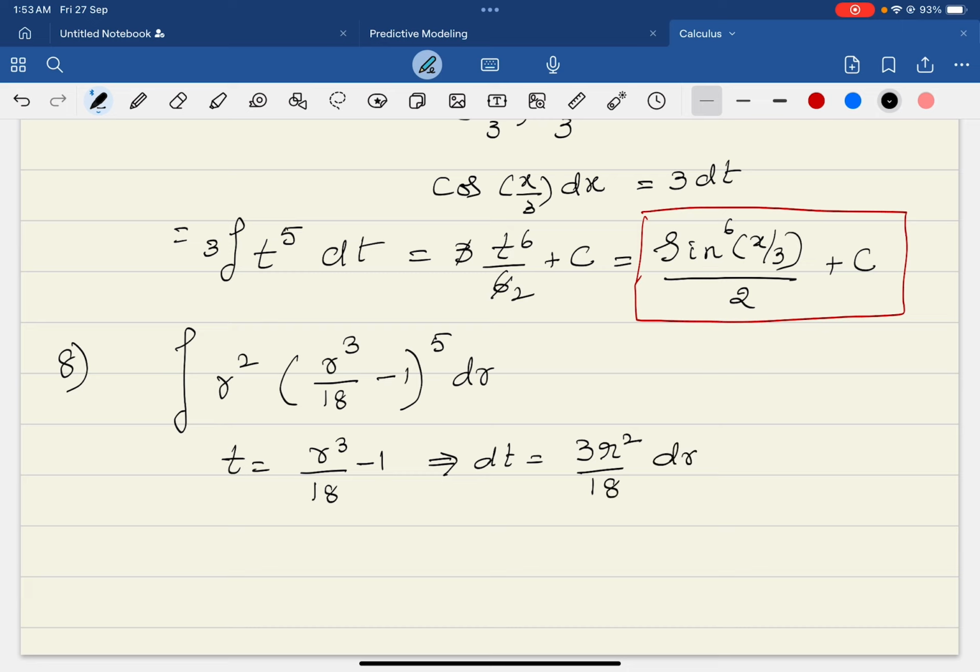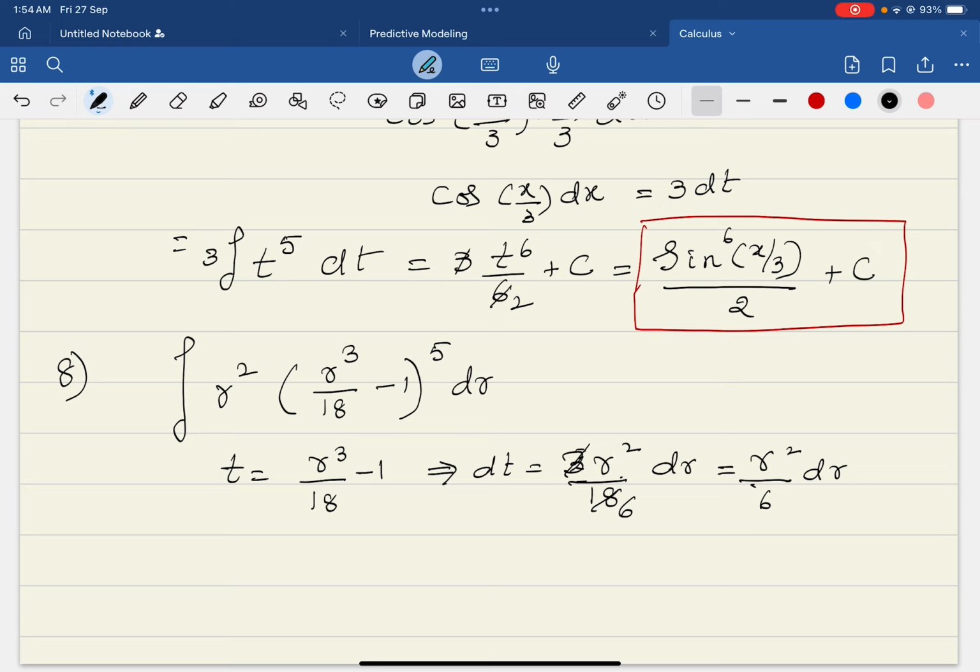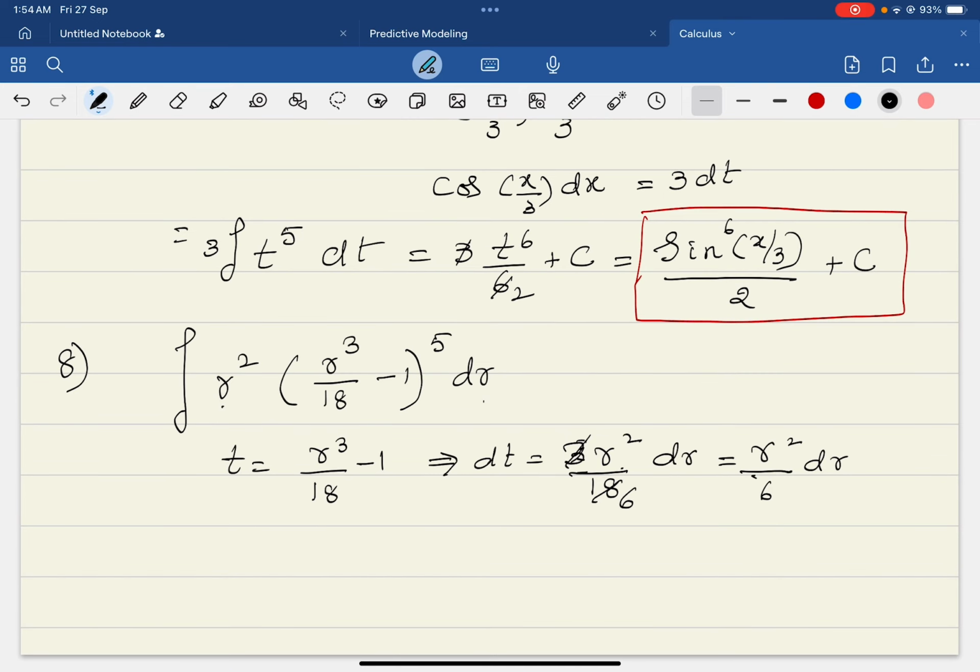And for minus 1 it becomes 0. So now 3 and 18 get cancelled, so it will be r square over 6 dr. Just let me rewrite. This is dt equals 3 r square dr over 18. So 3 and 18 get cancelled, and so it is r square over 6 dr. Now we have only r square, not divided by 6, correct?